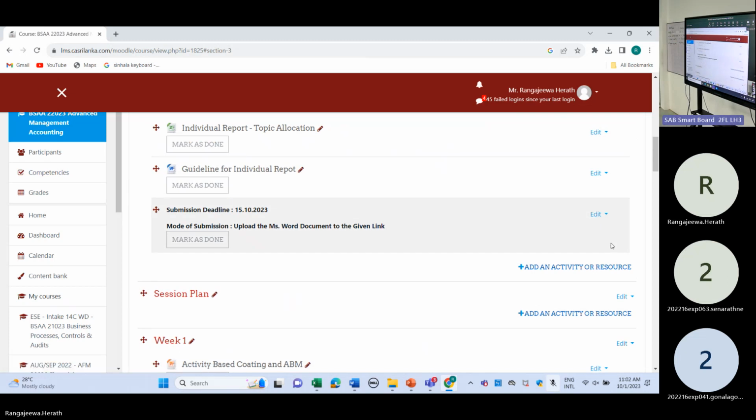So you create a link. So you have to upload the Word document, the given thing. So the report, you can have any amount of appendix because it's not a printed version, right?